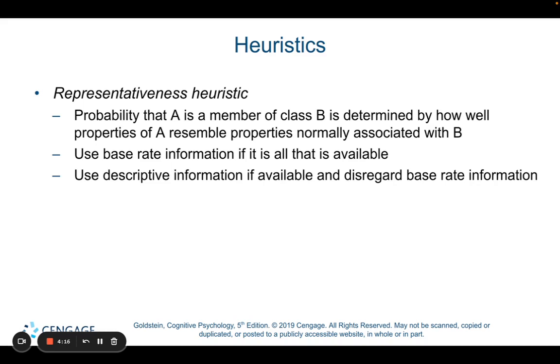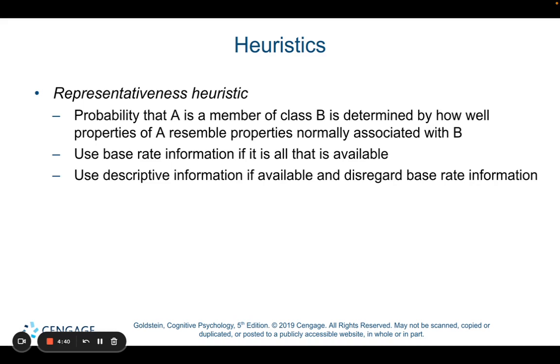Another way I like to describe the representativeness heuristic is to talk about all of these generalizations or stereotypes we make in our mind. For example, if somebody who's 7 feet tall walked into the room, a common question they might be asked is, do you play basketball?